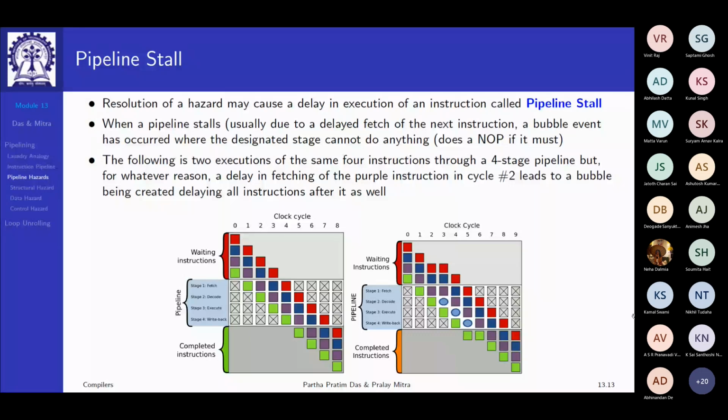When this happens, we say that the pipeline has stalled. So if for any reason an instruction is not able to complete a particular stage within its given time, then you have a stall in that pipe, and that has a propagating effect across the entire pipe following this.